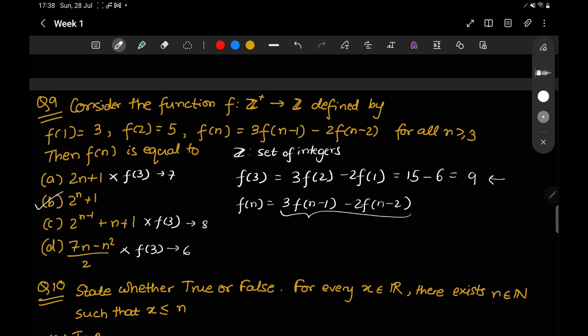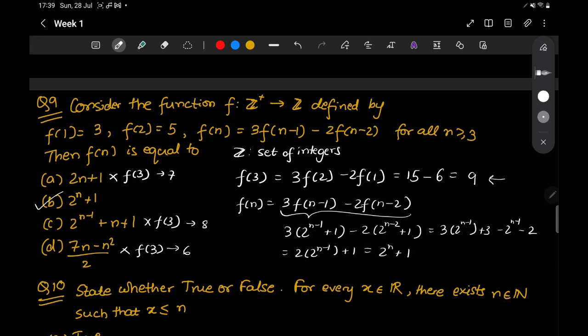If we look at the right hand side, this is same as LHS, it's basically consistent.